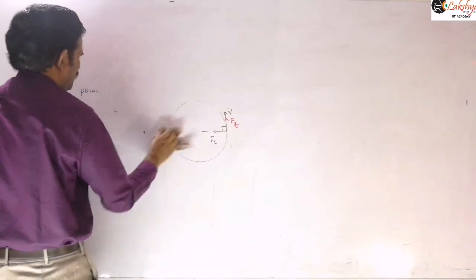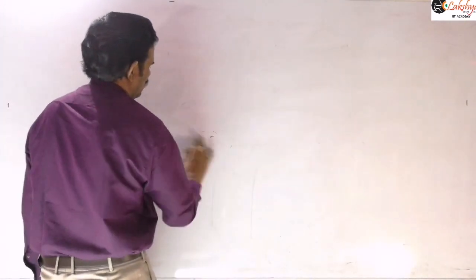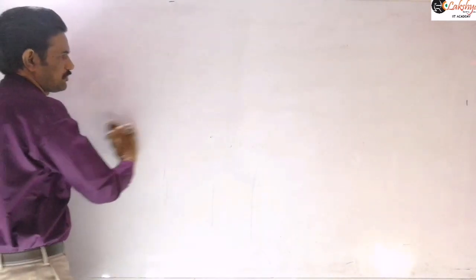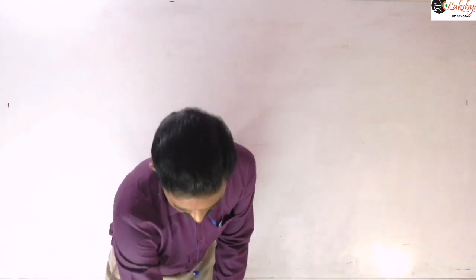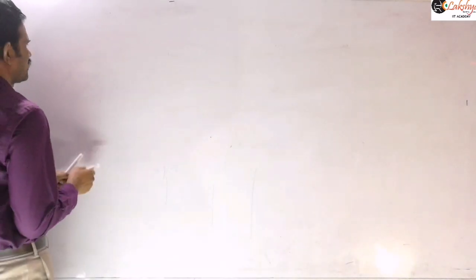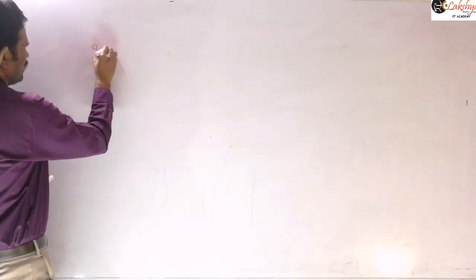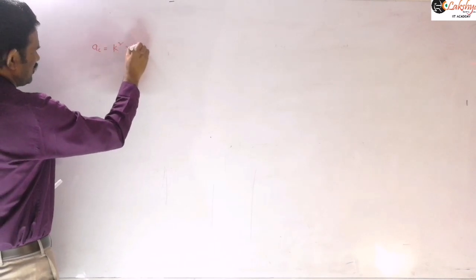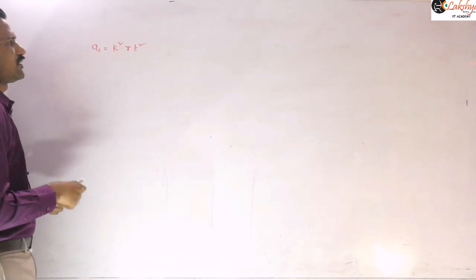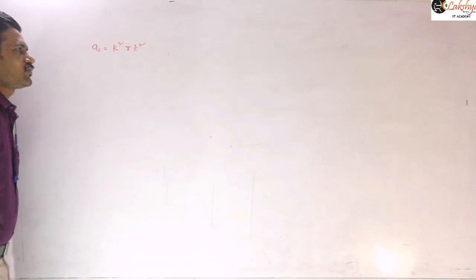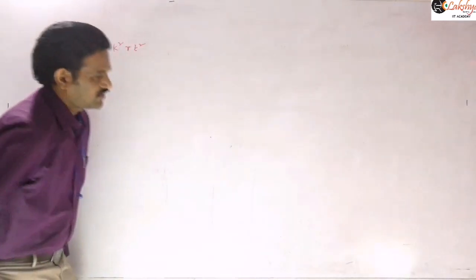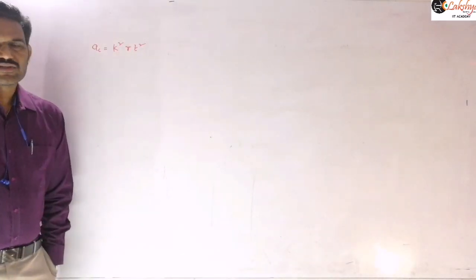And next, write a problem related to this. Write a problem based on this power calculation. A particle of mass m is revolving in a circular path of radius r such that its centripetal acceleration is given by AC is equal to k square into r into t square, where k is a constant and t is the time.